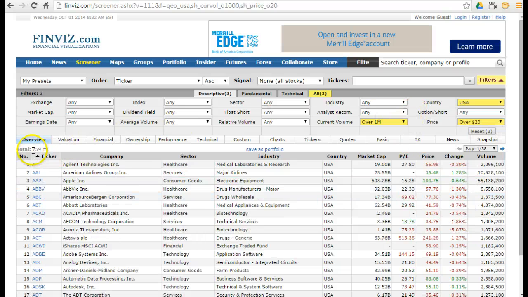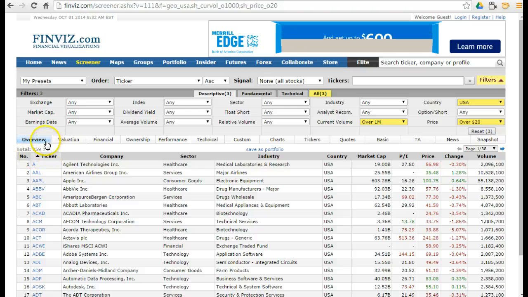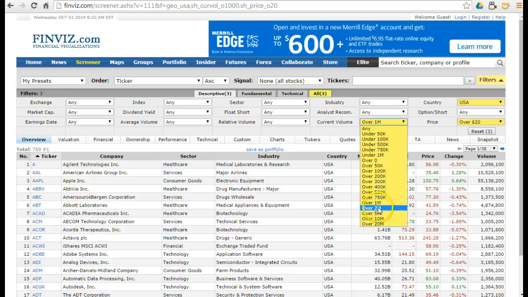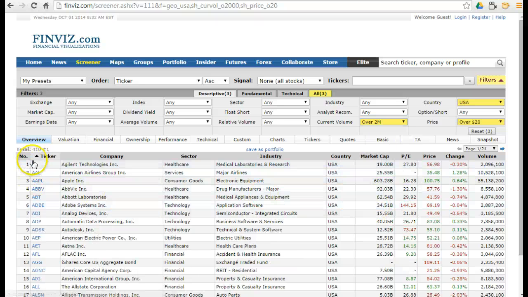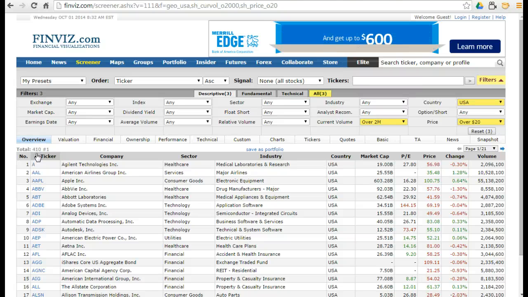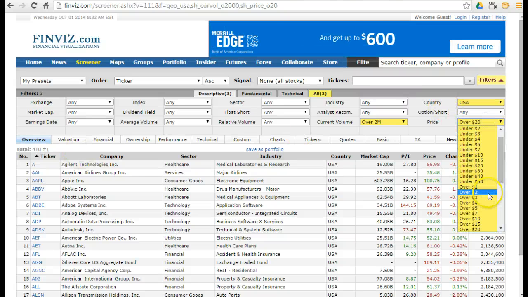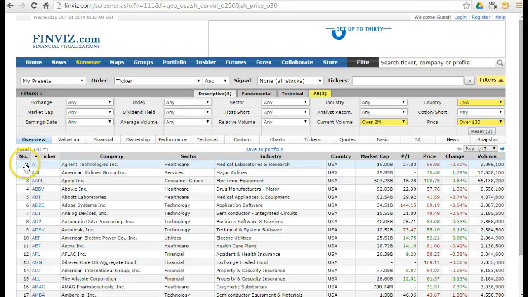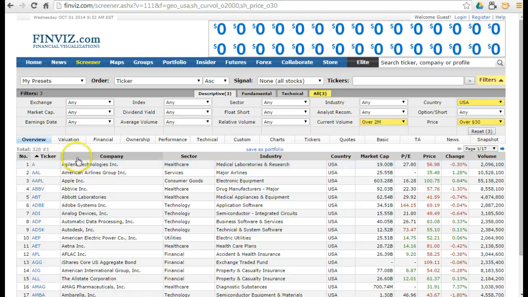And as you can see, the total number is slowly going down as I click on different things here. Let's try over 2 million in volume. So that gets me down to 410 stocks I could screen. Let me go up a little bit more on price. I'm now down to 328 stocks that I could look at.